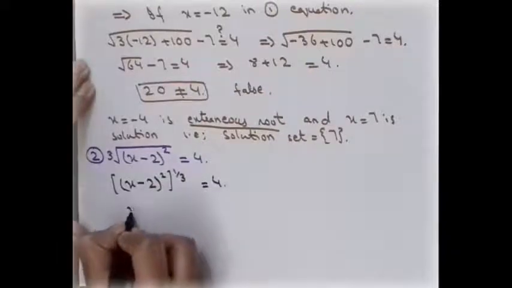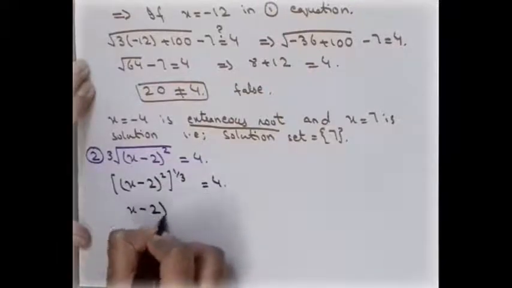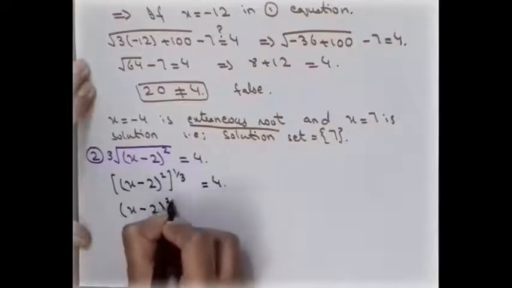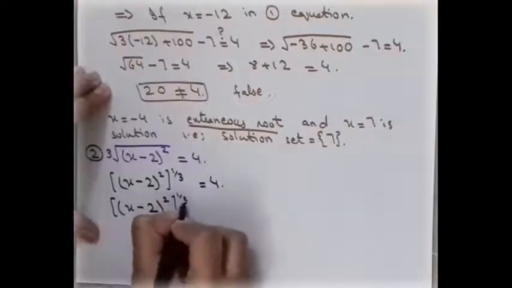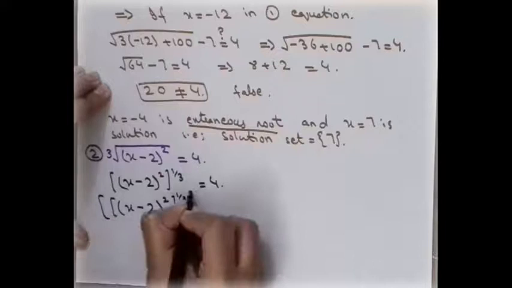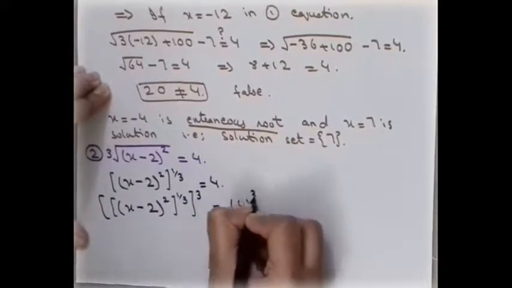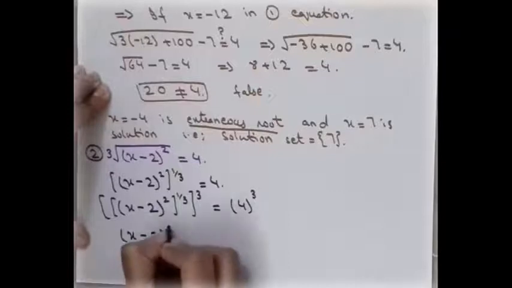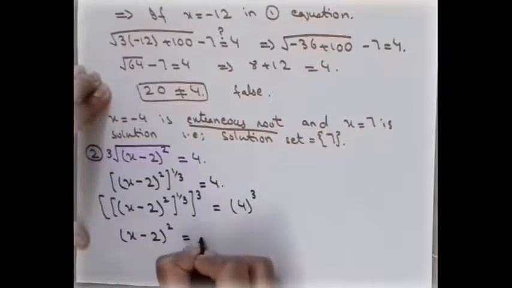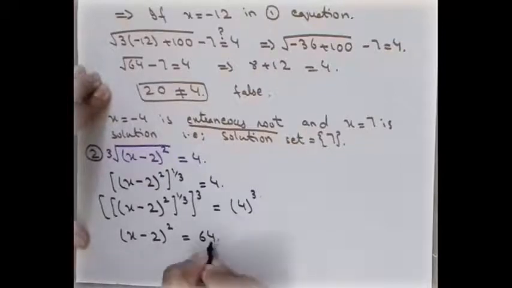So to remove this we need to raise it to the power of the nth root, so 1 over 3, and take a cube on both sides: 4 cubed, and (x minus 2) square is equal to 64.